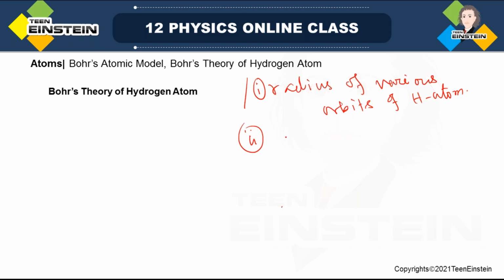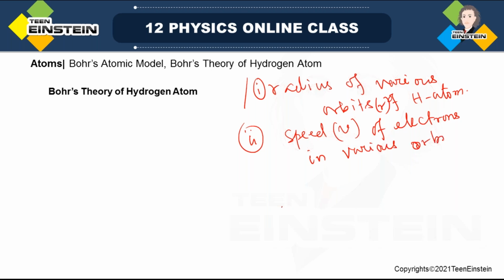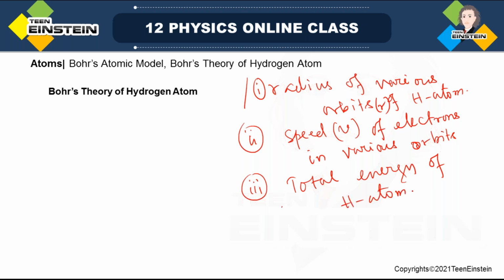Then second, we'll calculate the speed of electrons in various orbits. Then we'll calculate the total energy of the hydrogen atom using Bohr's atomic model.